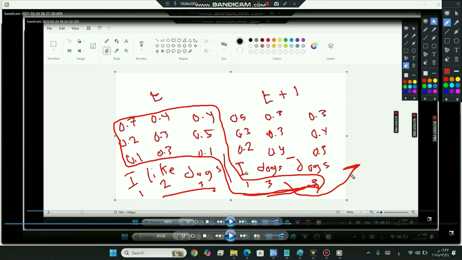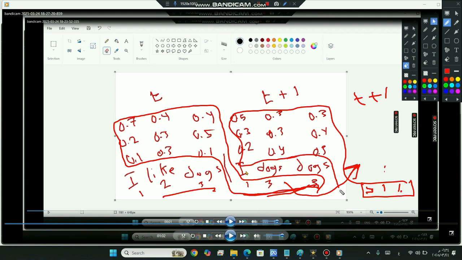do this noising part once again for one more step, for t plus 2 right now. And this will generate new indices, let's say 1 1 3 whatever. And right now we will train the model based on those new indices to generate those ratios over here from this previous step.